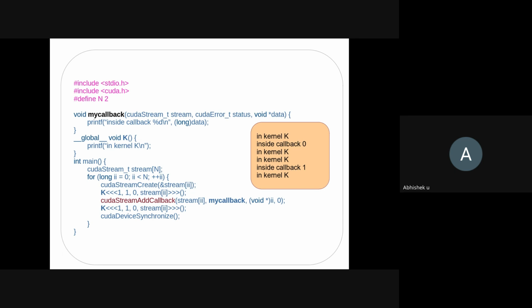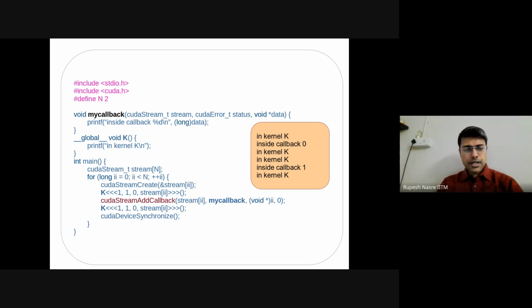We are not proceeding to the second kernel invocation until this callback is done. Usually when we have a callback, say on a click, whenever the click happens, we just call that. But, right, that's right.